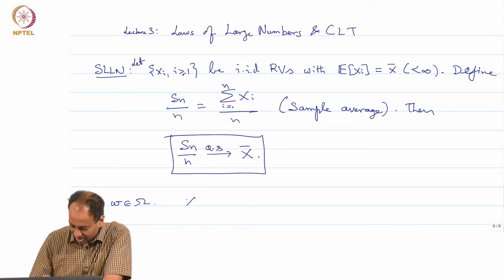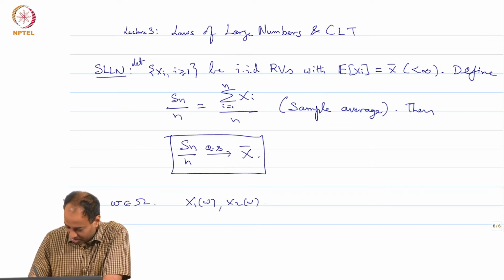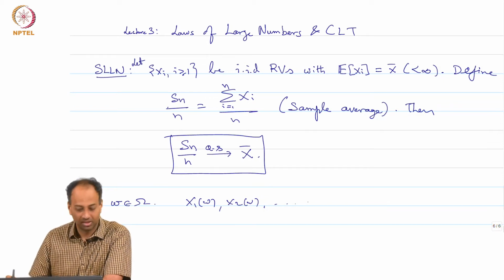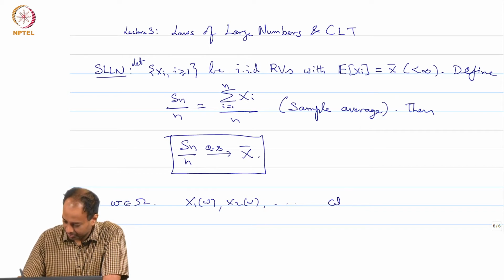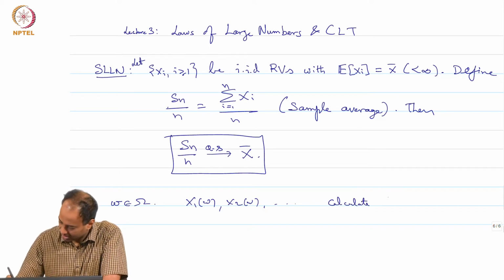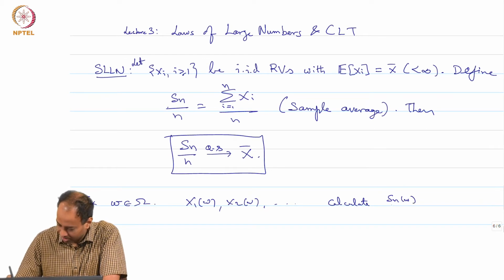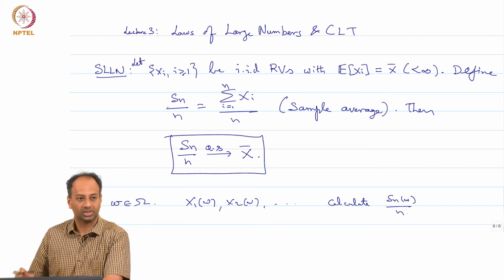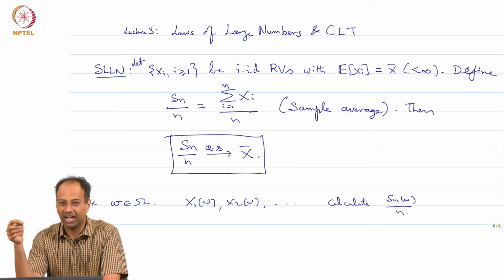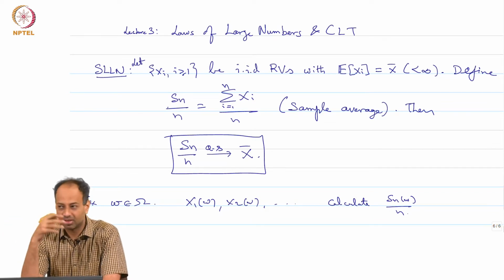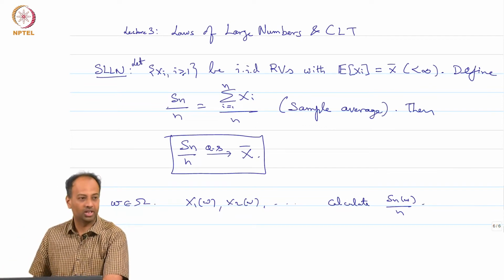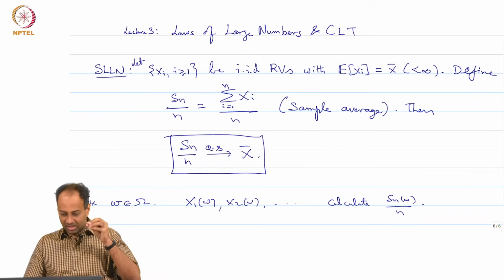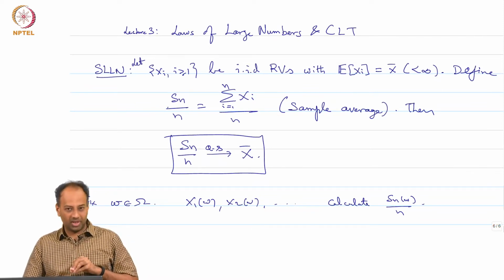You have a real sequence x1 of omega, x2 of omega, and so on, and from this you can calculate Sn of omega over n. Each of these xi of omega you add up till n, xn of omega, and divide by n. So for each omega you get this sequence Sn over n of omega.